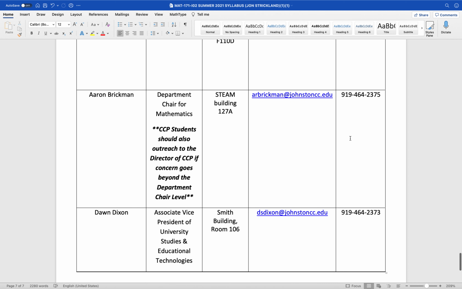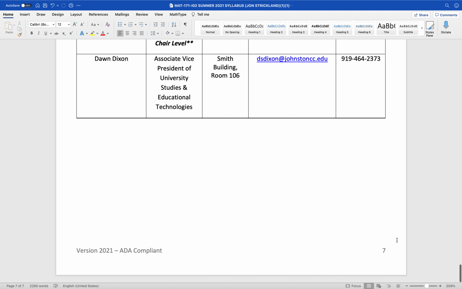And as a follow-through, if there's another authority to attend to, it'll be Ms. Dawn Dixon, the Associate Vice President of University Studies and Educational Technologies, and her office is in the Smith Building in room 106, and this is her email address as well as her phone number.